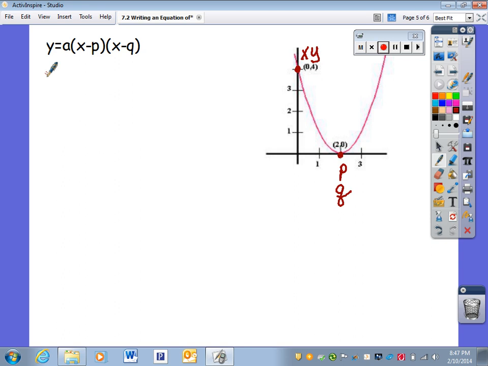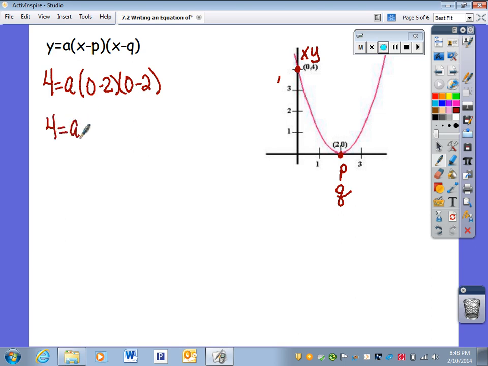So let's substitute in. Y is 4. We're going to solve for a, so we're going to leave that as the variable. X is 0 that we're using, minus 2, and again 0 minus 2. We write that twice because the x-intercept is the same.